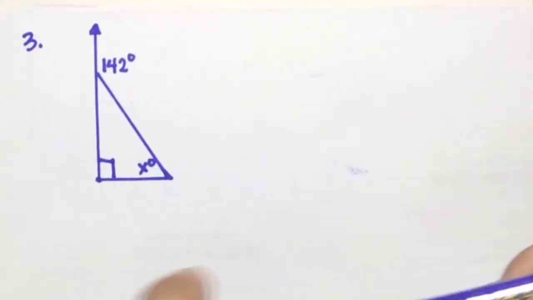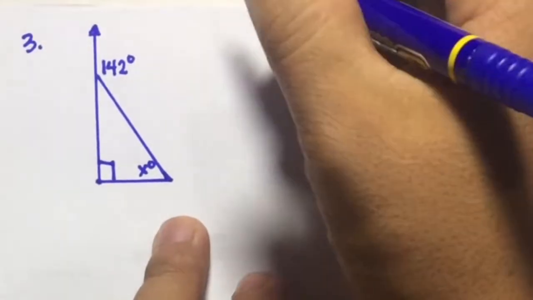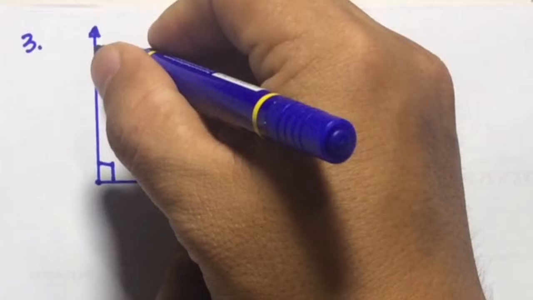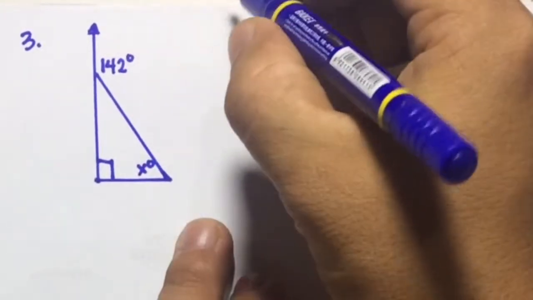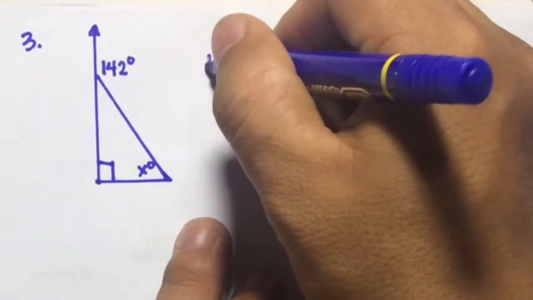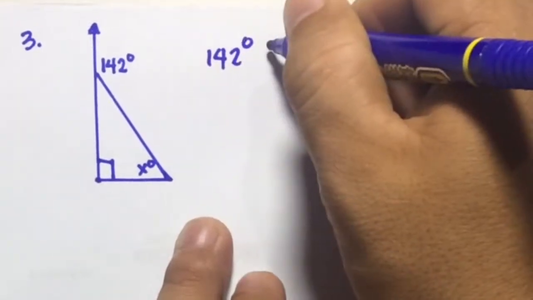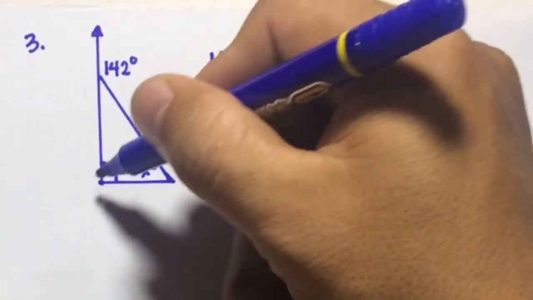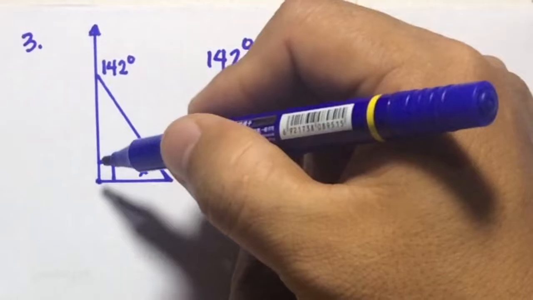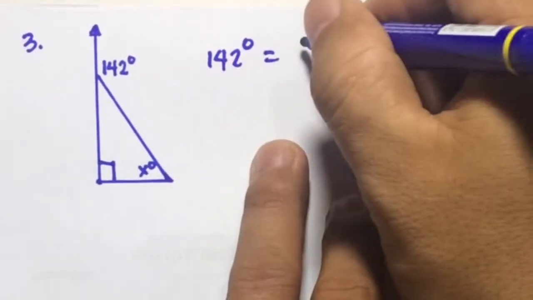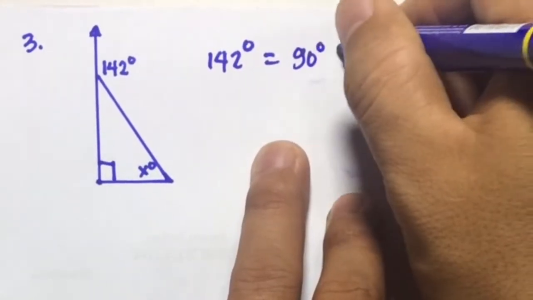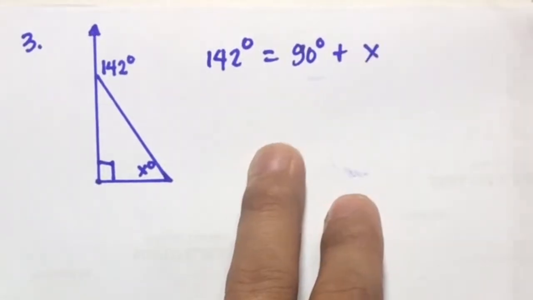If we solve this using the exterior angle theorem, the measure of the exterior angle, which is 142 degrees, is equal to the sum of the remote interior angles. The remote interior angles are 90 degrees plus x.